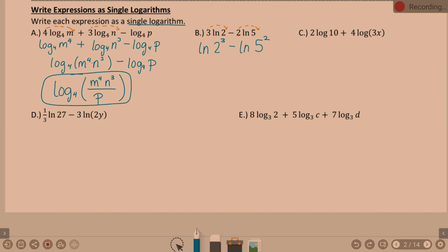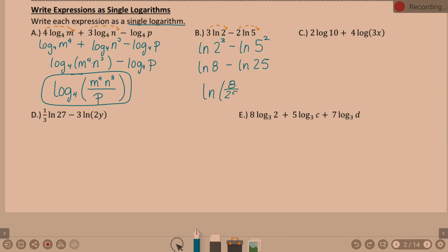Can we go ahead and do some math there if we wanted? Yes. What do we know about 2 to the 3rd? It's 8. So natural log of 8 minus, what do we know about 5 squared? Natural log of 25. And now the quotient property: two logs being subtracted can be rewritten as one log where the insides are divided.